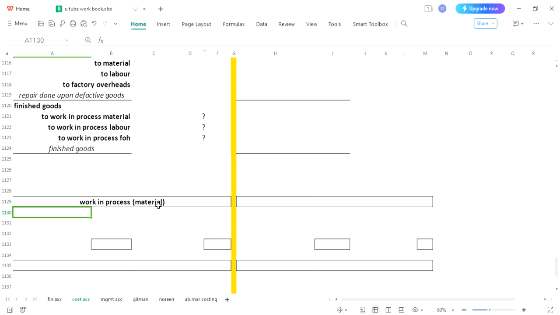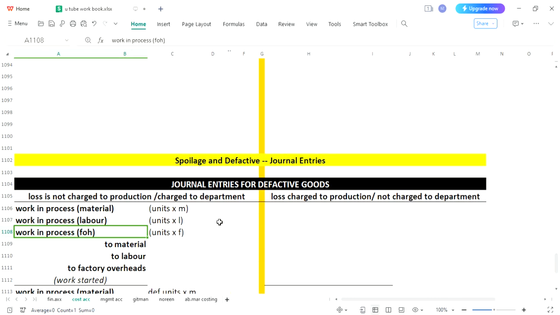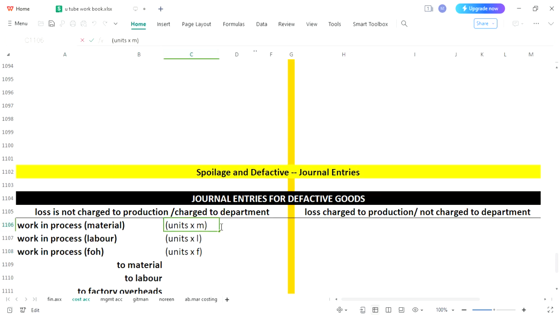Suppose the first amount which was present here is 10, then we have, instead of 4 it should be a little bigger amount, 40, and then we have the third amount as 60. I'm just supposing it. These are the amounts for work in process material, labor, FOH.